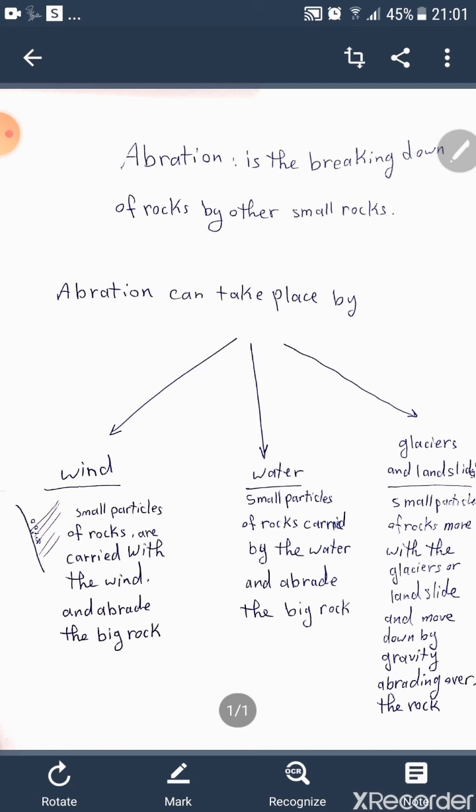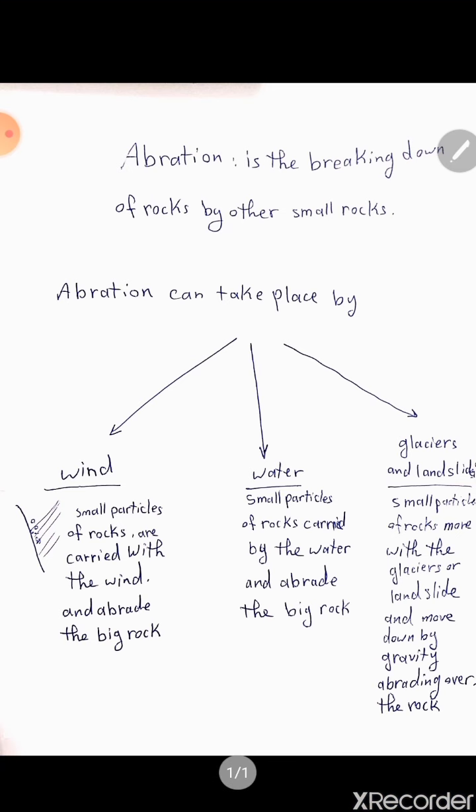These particles will rub against the mountain, causing the rocks of the mountain to be weathered too. The same thing can be done by the water, like in this video.